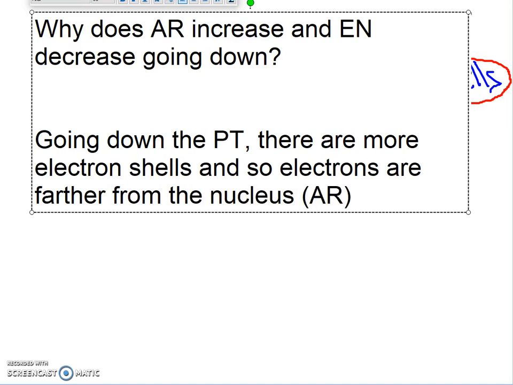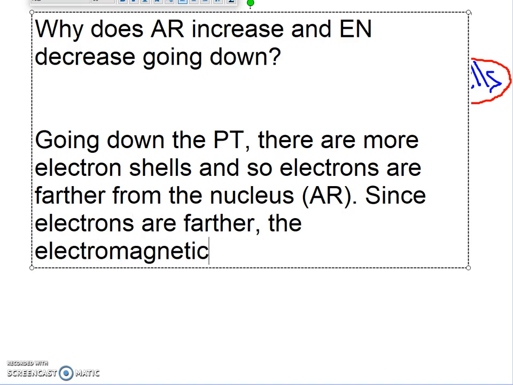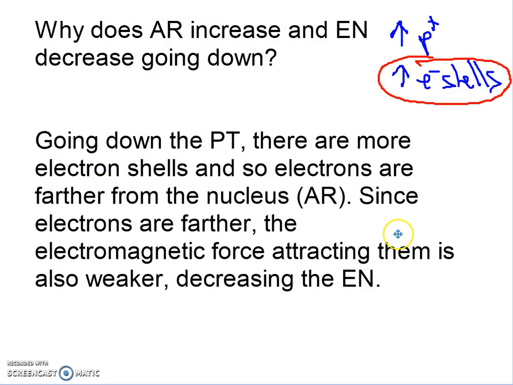That's atomic radius right there. And since electrons are farther, the electromagnetic force attracting them is also weaker, decreasing the electronegativity. Because again, even though they have more protons, which you'd think would increase the force, those protons are so much farther from those electrons that these electron shells make them farther away and the force is lower.